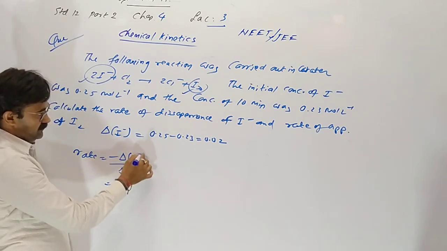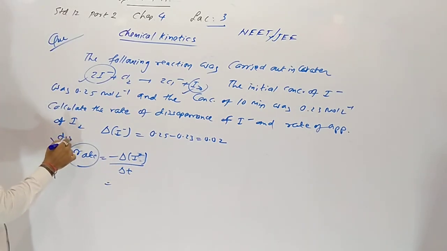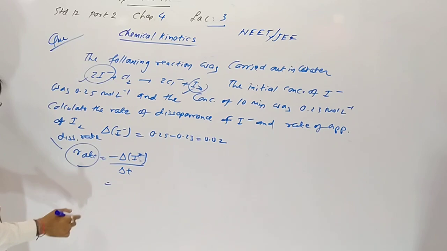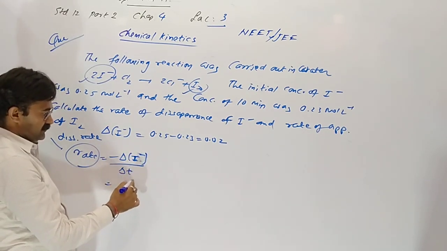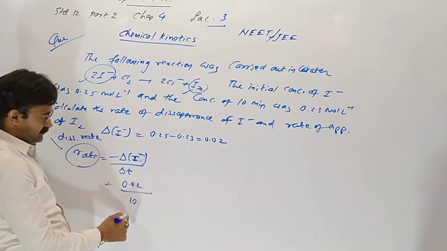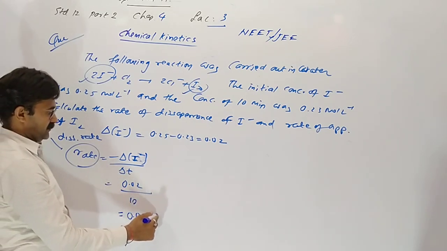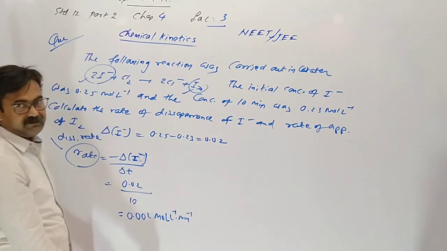So the disappearance rate with reference to I minus will be 0.02 divided by 10 minutes, so 0.002 mole per liter per minute.